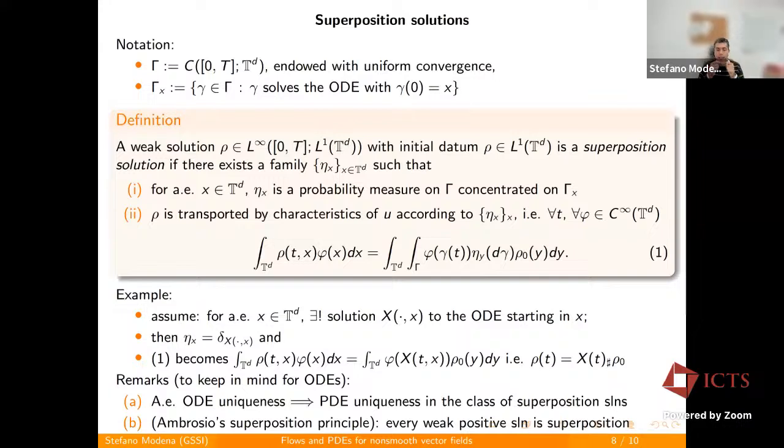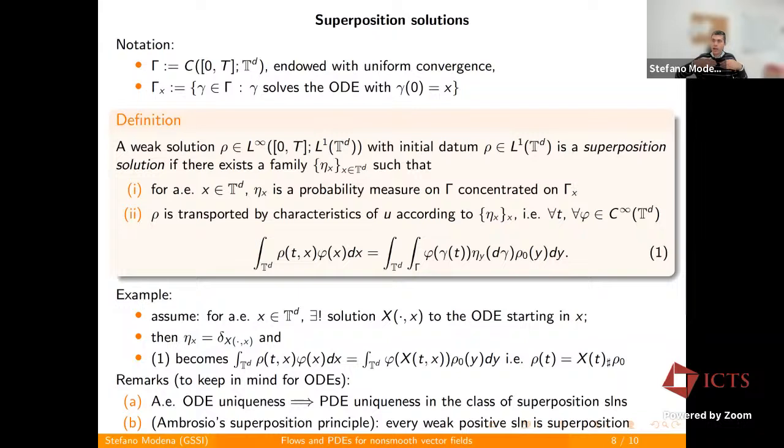Now let's say that you have two characteristics starting from the same point, and your initial datum for the PDE is a Dirac mass located at this point. Then one possibility is that when time evolves, you send 1/2 of the Dirac mass along one characteristic and 1/2 along the other.